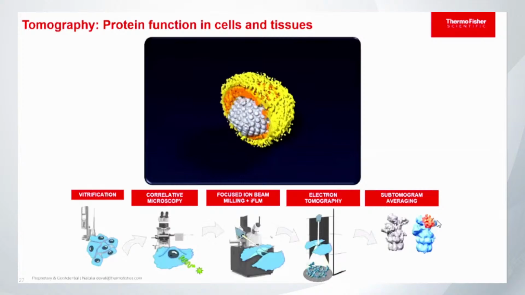This particular example is of the virus, but you can work as well with lamellas from cells, okay? At the software level, single particle analysis is much more evolved than tomography. Tomography still has a lot of manual steps.